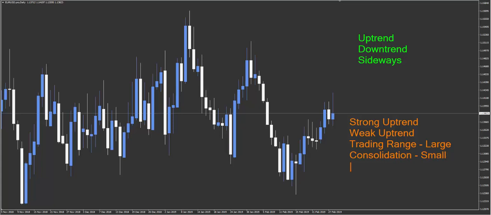Now, when I say large and small, I'm talking about the size of the swings, and I'll talk about that here on this euro-dollar chart shortly. We have a weak downtrend, and we have strong downtrend. I think there are your 6 market states that you really need to be aware of.